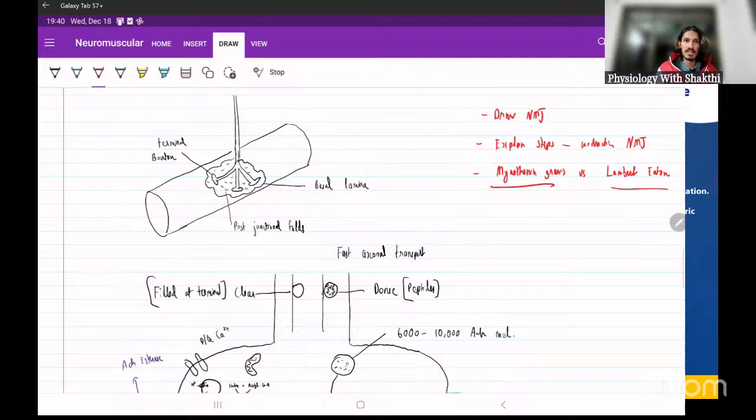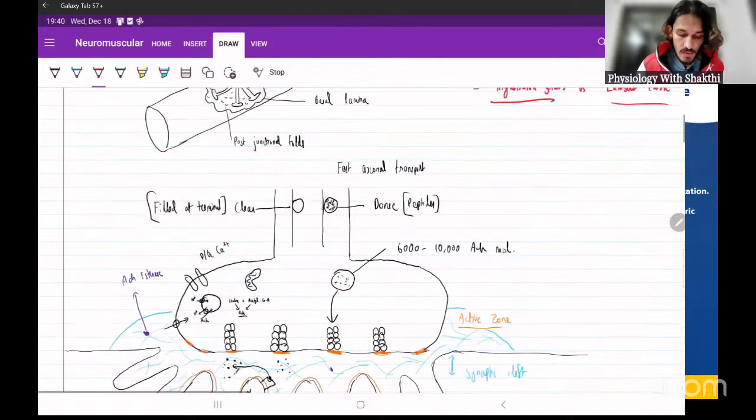So in the neuromuscular junction, learn how to draw it. Two, you understand the steps in the conduction across the neuromuscular junction. Three, we talk about myasthenia gravis and Lambert-Eaton syndrome. That is all you have to study in this chapter.